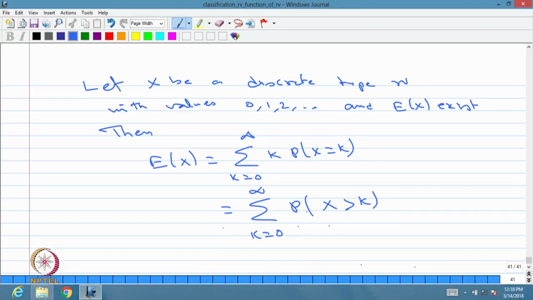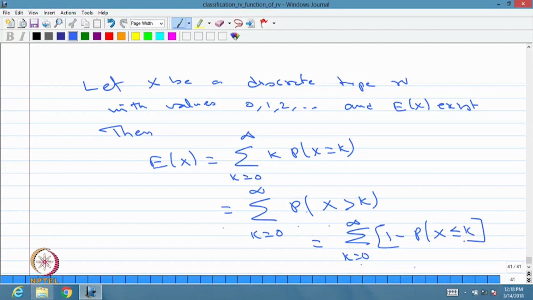By using the previous result, the summation over k equal to 0 to infinity of the probability of X greater than k is the same as the summation over k equal to 0 to infinity of 1 minus the probability of X less than or equal to k.